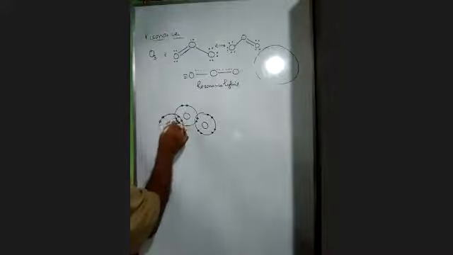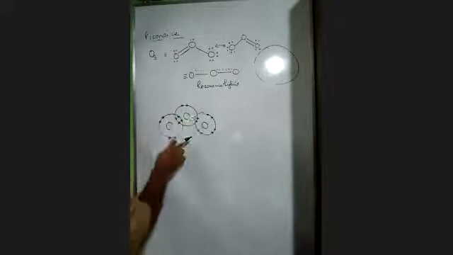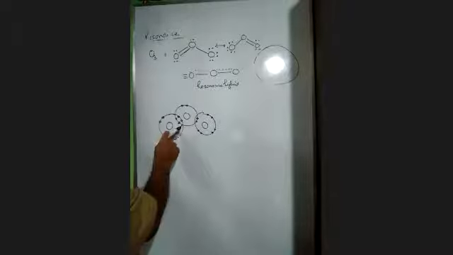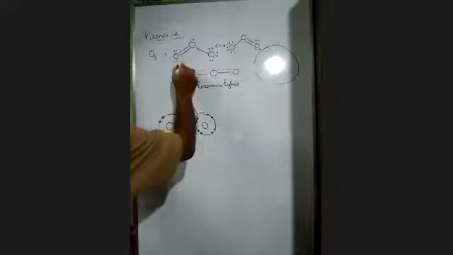Now I count. See here, 4 plus 4, 8. Then 4 plus 2 plus 2, 8. Then 6 plus 2, 8. So this is the structure. We have a double bond, and this is the coordinate bond. In that case, the bond order of this oxygen is 2, and this is 1.